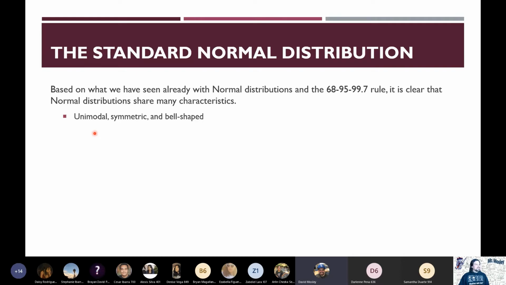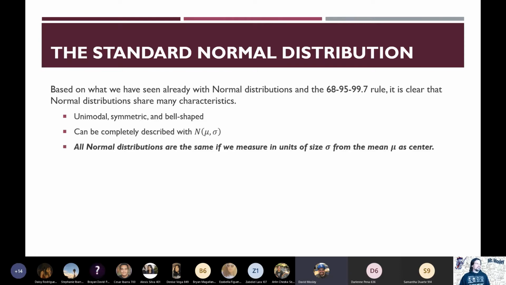They are all unimodal, symmetric, and bell-shaped, and can be completely described with the new notation that we learned about, N(mu, sigma). If we have that, we know what the standard deviation is, we know what the mean is, we can draw a rough sketch of the distribution.